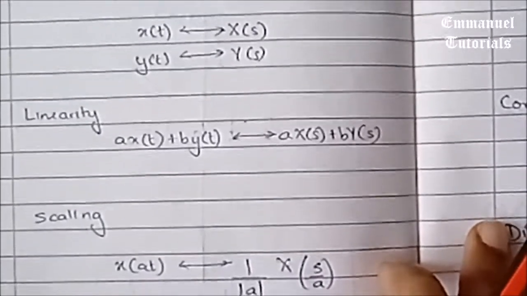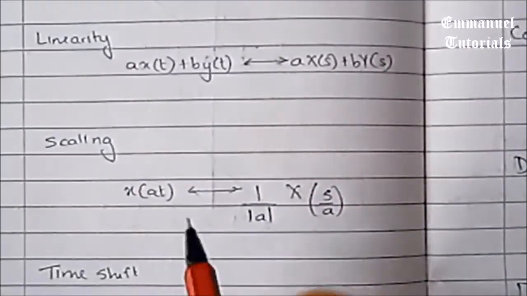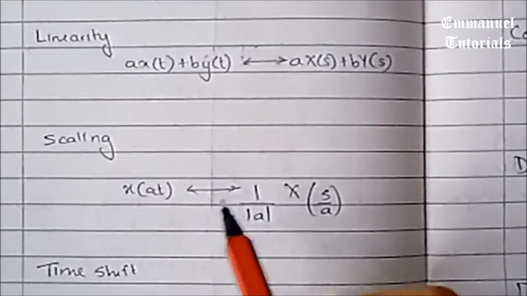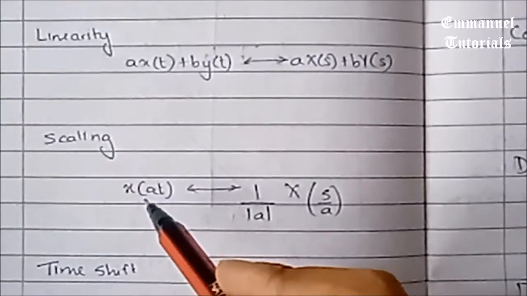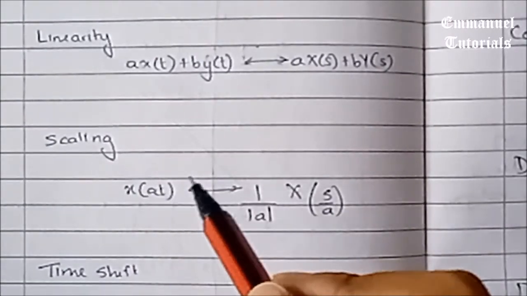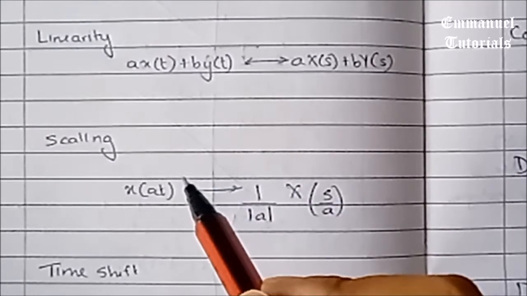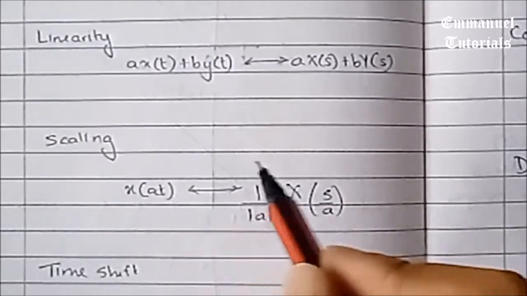Now next we'll go to the scaling property. Here it is time scaling. Suppose x of t is the input signal and you are multiplying it in the time domain by a.